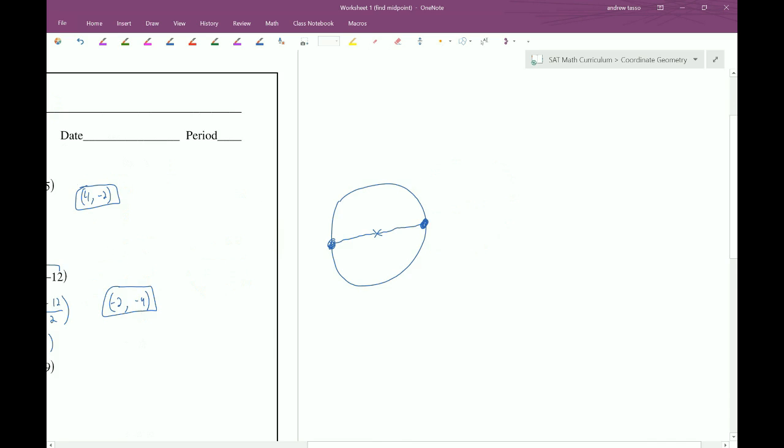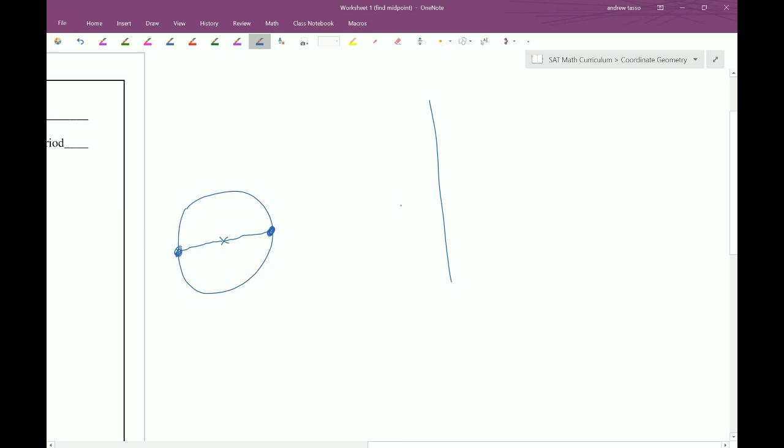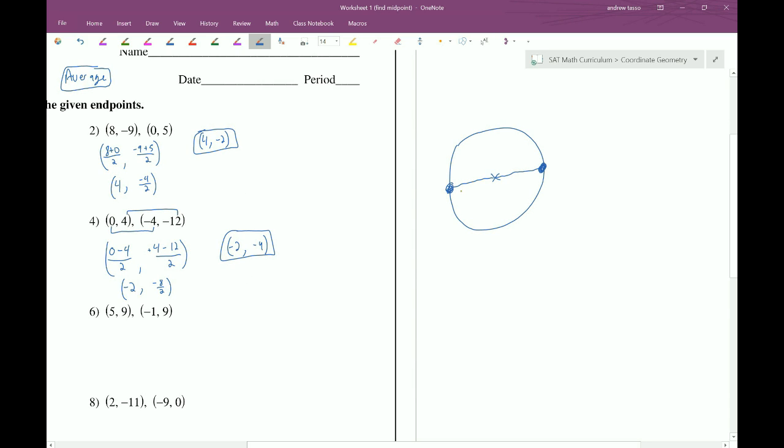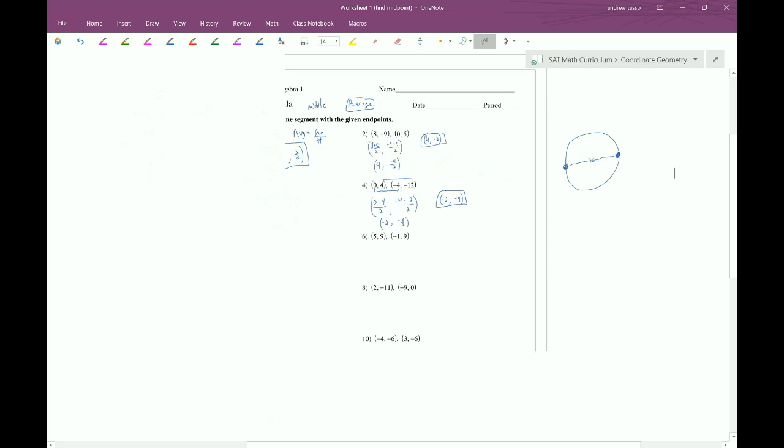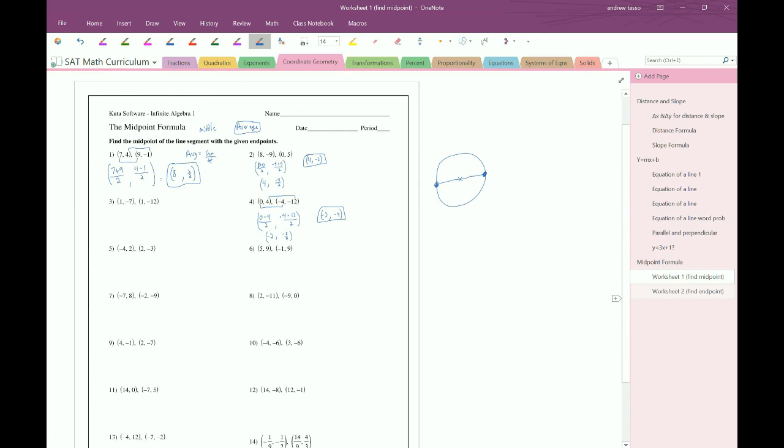It could also have to do with lines or line segments. Anyway, they'll give you the 2 endpoints and ask for the middle. The other possibility is that they might give you the left endpoint and the middle and ask for the right endpoint, or vice versa. So we have to explore that option as well. Let's take a look at that on the next page.